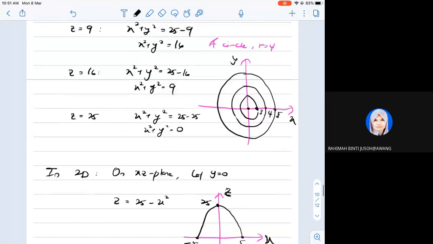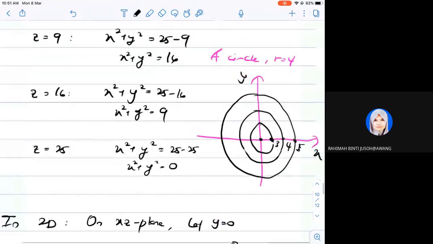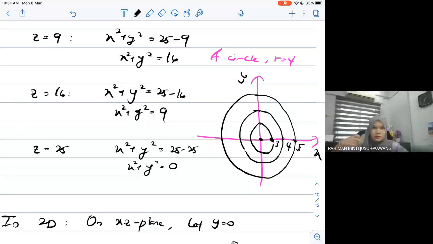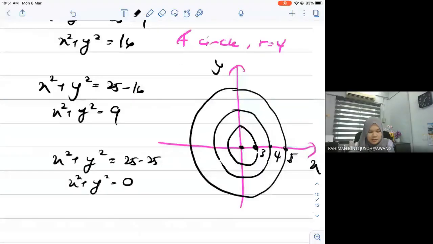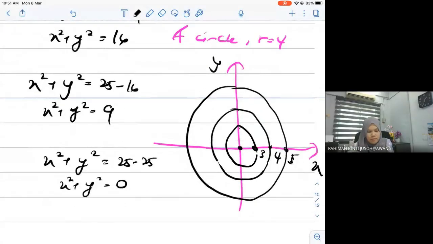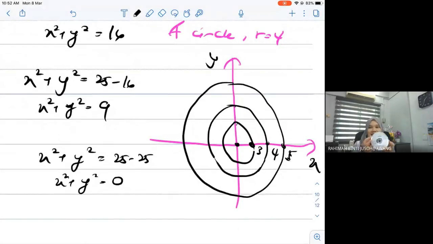Now, okay, I will turn on my camera so that you can see me. Can you see me now? Boleh nampak saya? Yes, madam. Okay, now as you can see on the screen, this is like a CD tau.